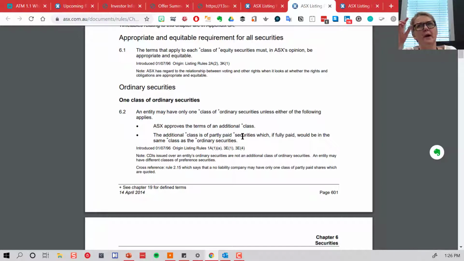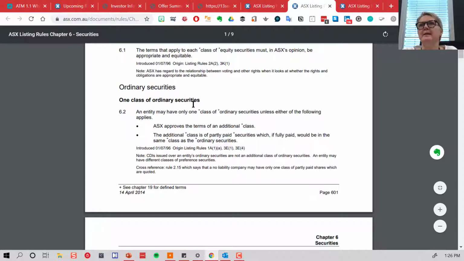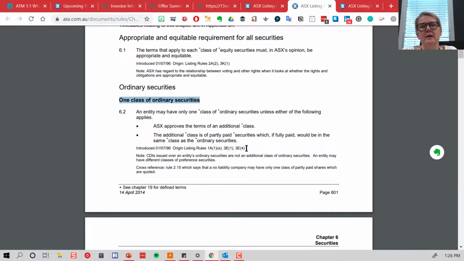So when I talk about chapters 1 and 2 as being key to understanding the admission and listing process, in order to be admitted and to list, the securities will need to comply with chapter 6. Chapter 6 starts off with an obligation that we have one class of ordinary securities. Now remember, in the process of building this robot company that we've been building, we've been issuing shares to people with all sorts of preemptive rights and convertible rights.